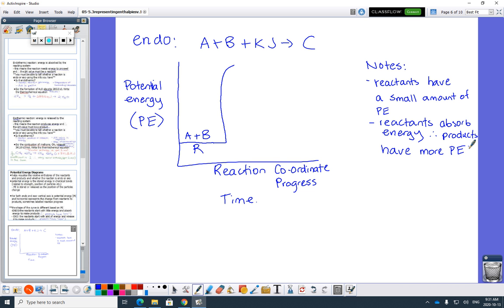So one thing about reactions that we did talk about in 5.1, every single time you break a bond, that requires energy, and every single time you make a new bond, that's going to release energy. But in endothermic reactions, the net change in energy is absorption. The amount absorbed is greater than the amount released. So the way that we show that, it's not like an ever increasing graph or curve.